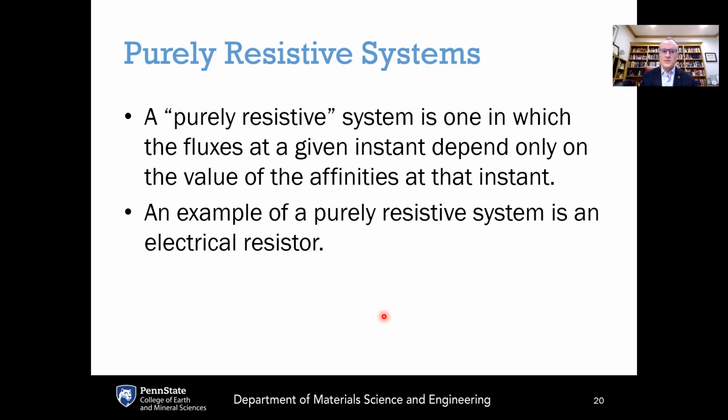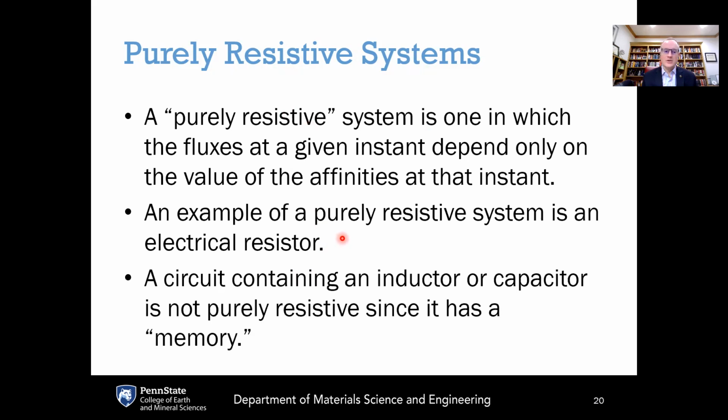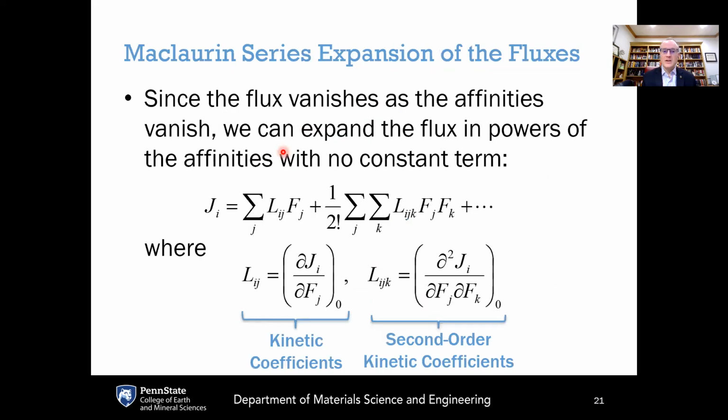This term, purely resistive, actually comes from electrical engineering, because an example of a purely resistive system would be an electrical circuit that has only resistors and no inductors or capacitors, because inductors or capacitors give the circuit memory. And if the system only has resistors, no inductors, no capacitors, then it doesn't have a memory. So purely resistive then means that the fluxes at this given instant in time only depend on the affinities at the same point in time.